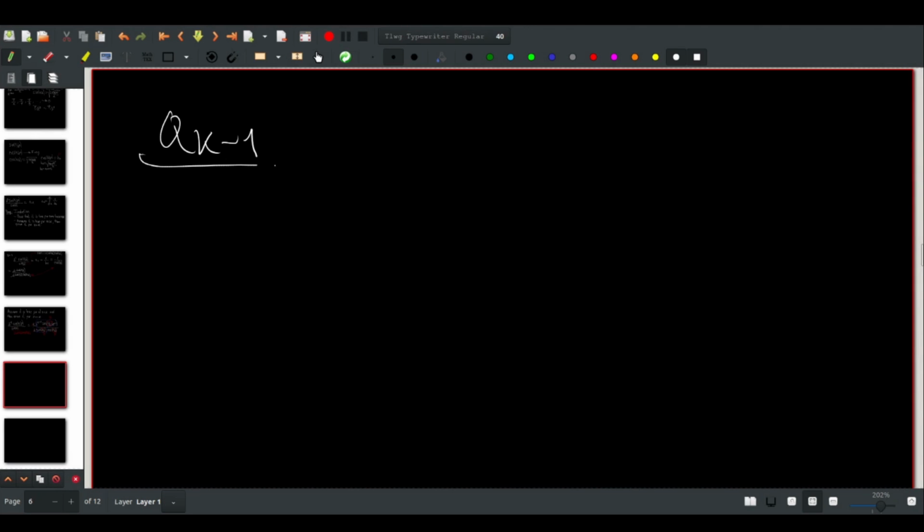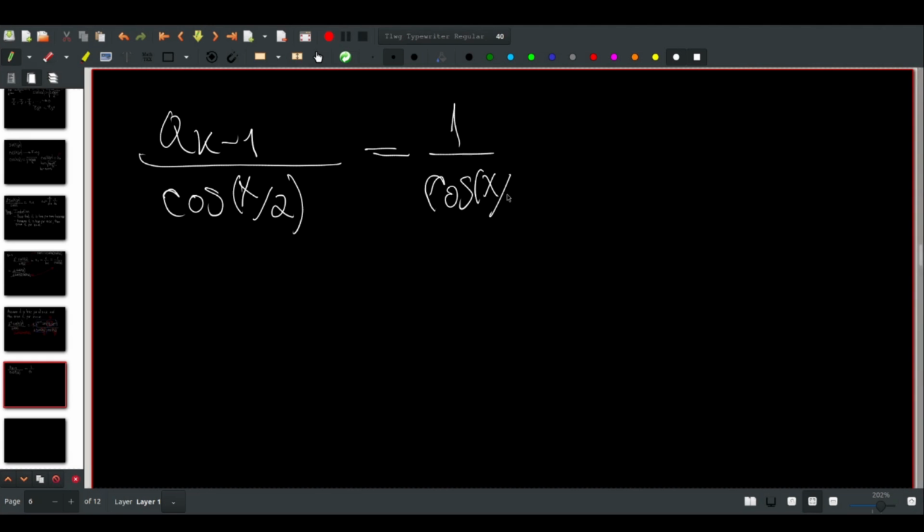But here's that one. I'm going to write what's left. There is also the cosine of x half. But what is this A_{k-1}? I'm going to examine this more closely. What these A's are is actually, I have 1 over the cosine of x half times the product from L equals 1 to k minus 1 of 1 over B_L.